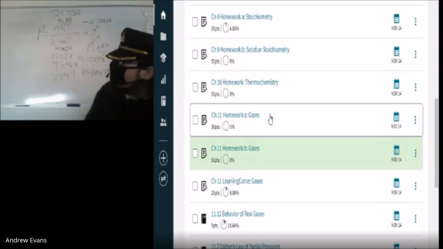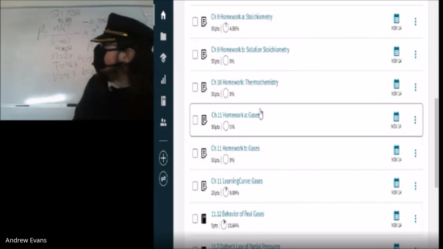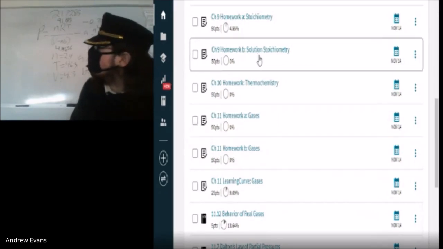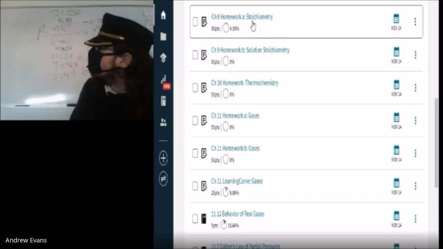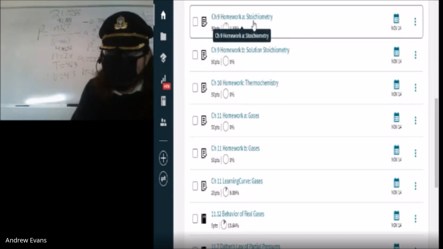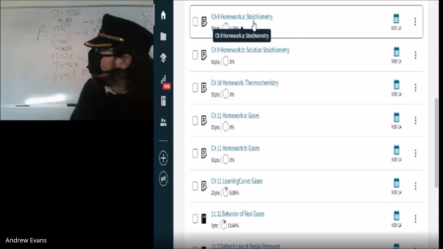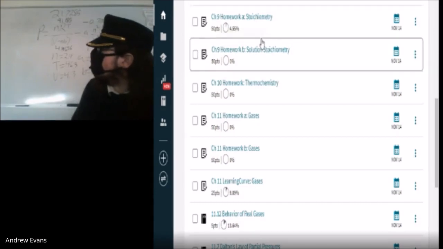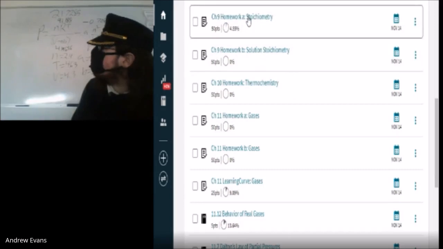And be able to do a simple mixing problem. Be able to do an effusion problem. And then finally be able to answer some theory questions about the van der Waals equation.